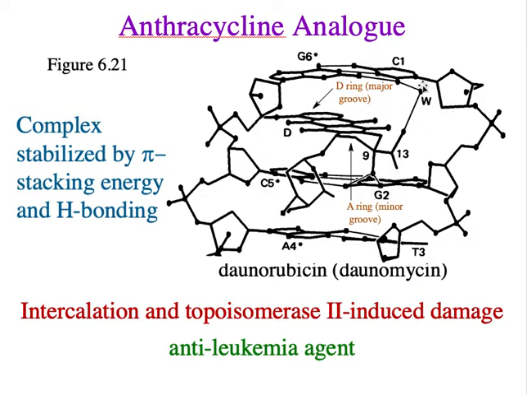And so even that carbonyl on those anthracyclines can now essentially H bond with portions of DNA bases. So this is how it creates it. Basically, it's stabilized through both pi stacking energy and H bonding energy.